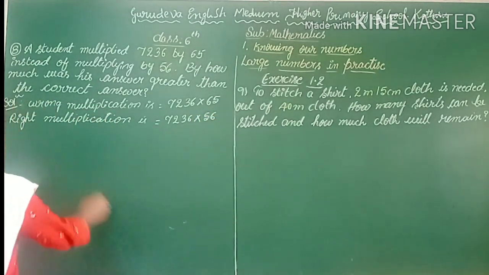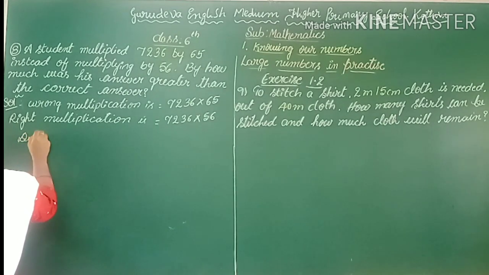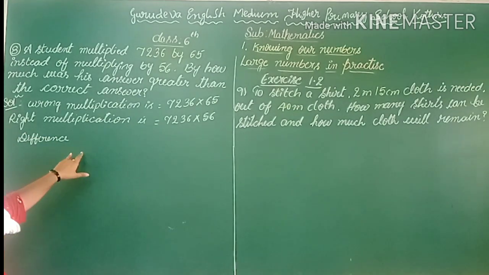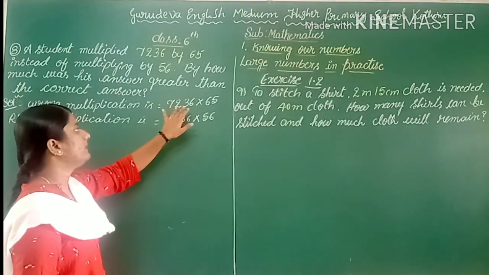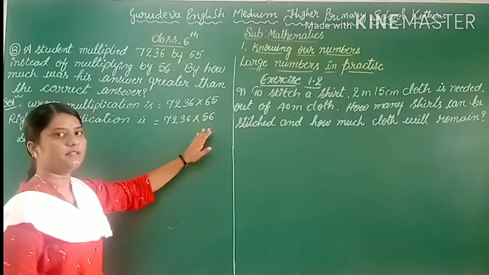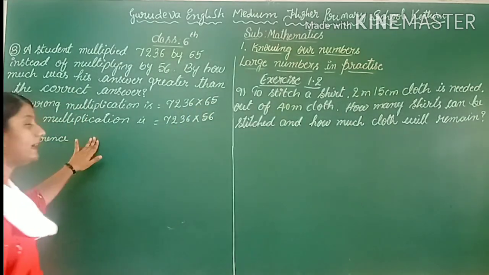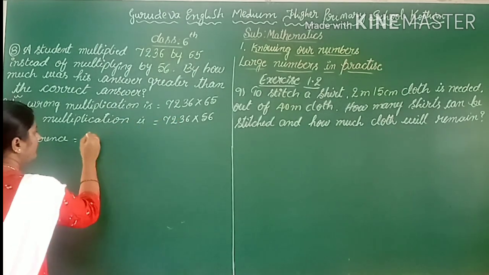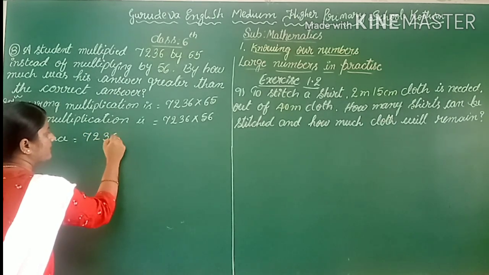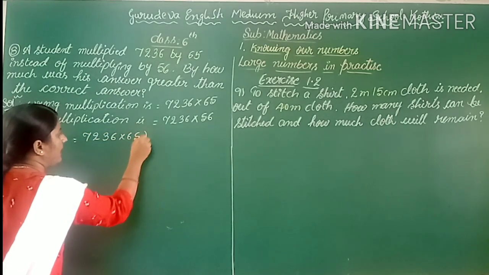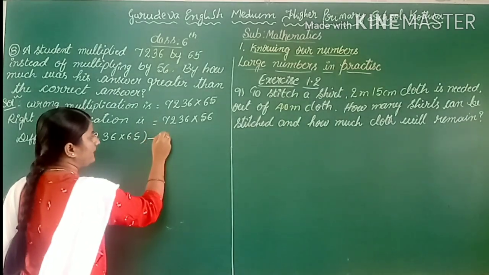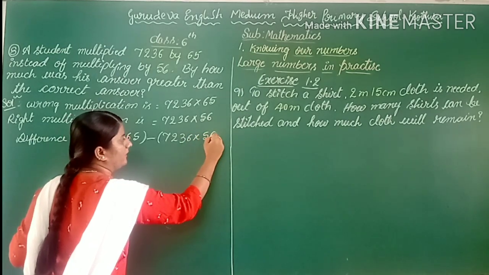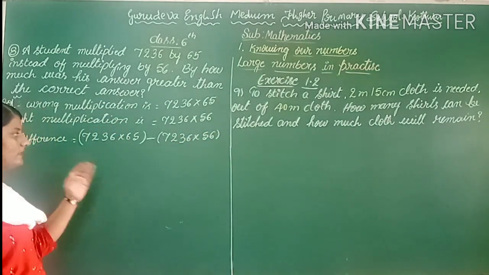Now the difference. I will show one of the easiest methods to you. You can also find the product of these two numbers and these two numbers, then finally subtract. The other method is difference equals 7,236 into 65 minus 7,236 into 56.